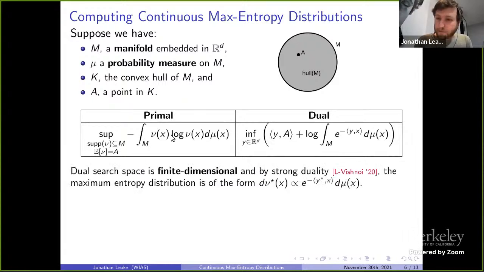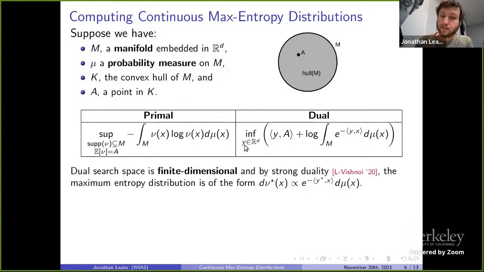So we have this primal problem we want to solve, still infinite dimensional. This is an issue. We have this dual problem, which is now finite dimensional. It reduces the dimension in the same way that the discrete case did. And by strong duality, the solutions to these two are the same. So we had this infinite dimensional problem, but it turns out we can solve this finite dimensional one, and that's good enough.